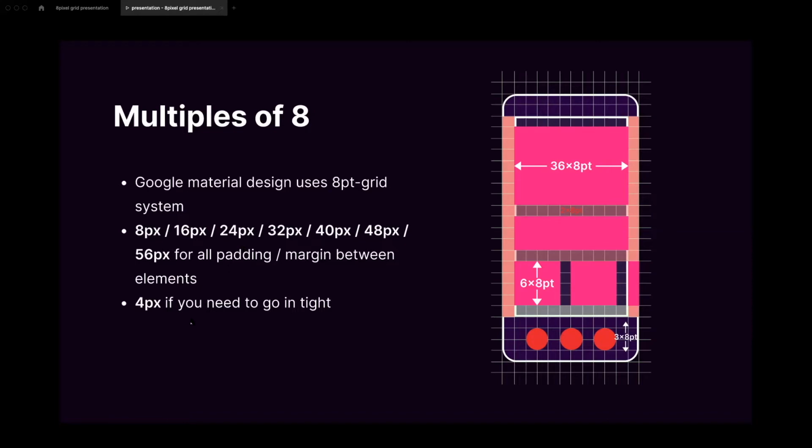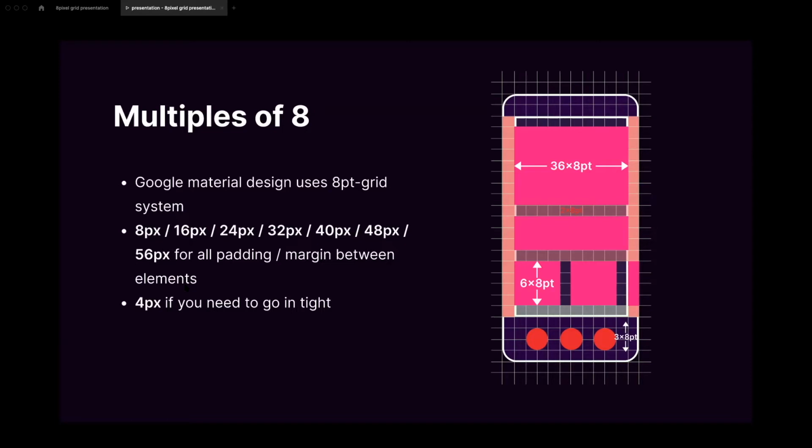Sometimes I probably use 4 if you need to go in tight. Other designers are happy enough using 5, 10, 15, 20, whatever works for you. The point here is you are building a basic spacing consistency.